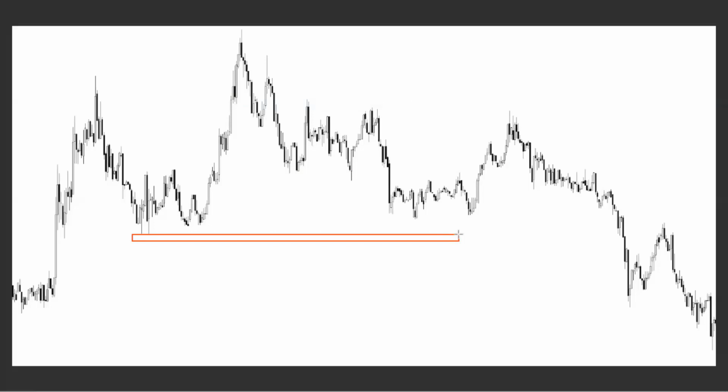The reason being that this whole area now has been tested multiple times, and while price was ranging here for however many hours, it was consuming the liquidity at that level.